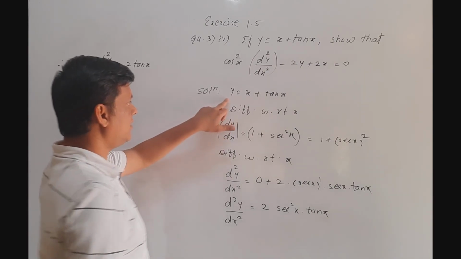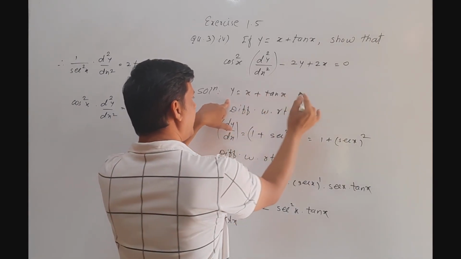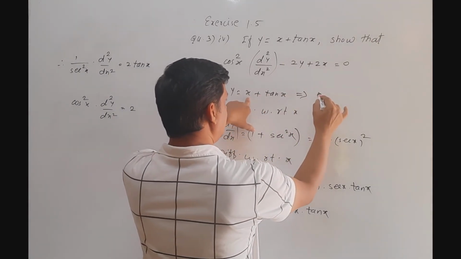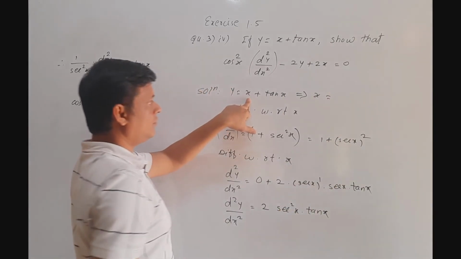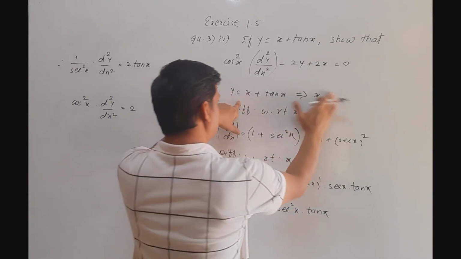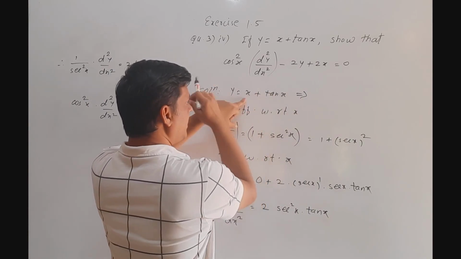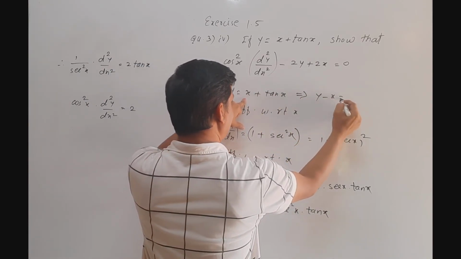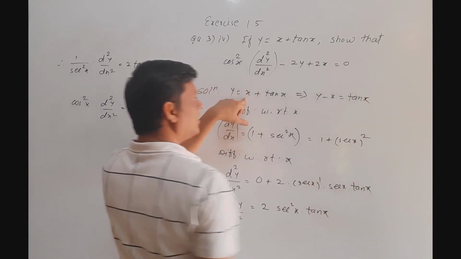Now from this y equals x plus tan x we write tan x is equal to. So we transfer this x to left hand side. So write y minus x is equal to tan x.